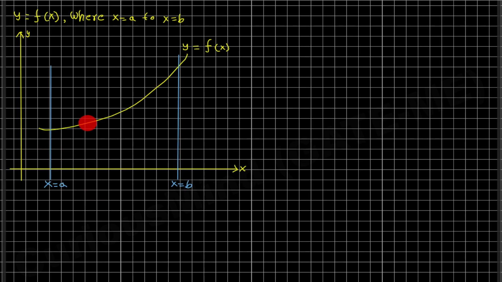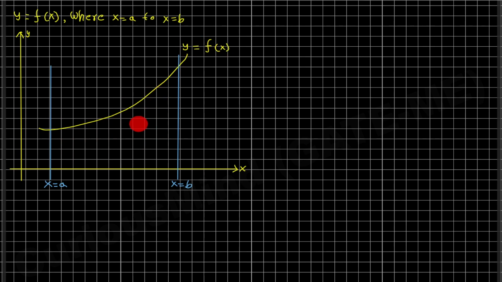There we have it. Now, the value of the definite integral of f(x) from x equal to a to x equal to b would be the area under the curve of the function f(x), right?